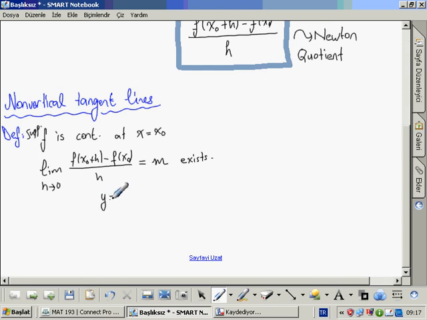We will call this m the slope of the tangent, and the tangent is y equals m times x minus x0 plus y0.